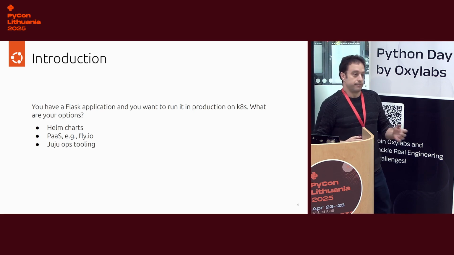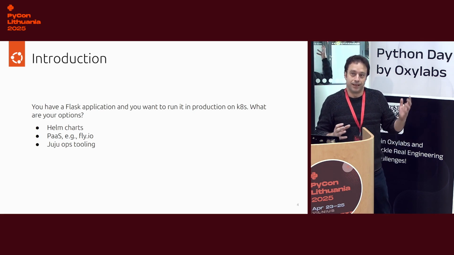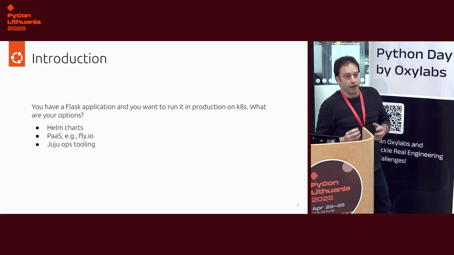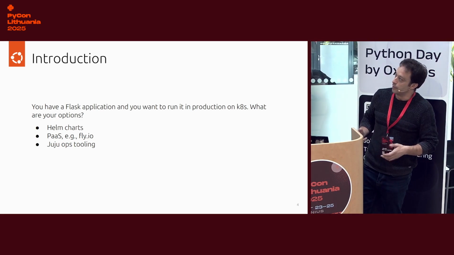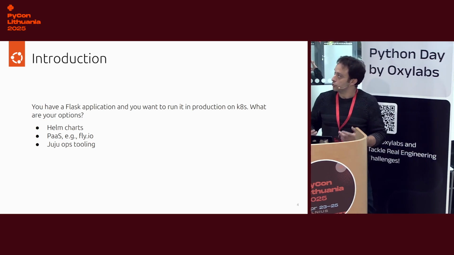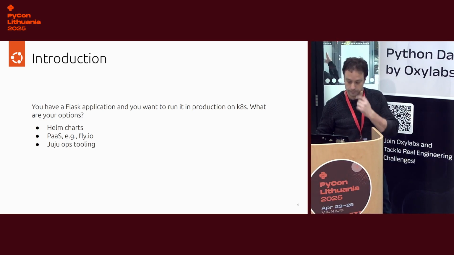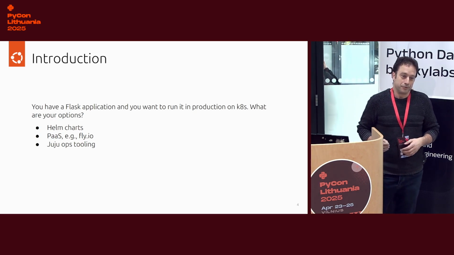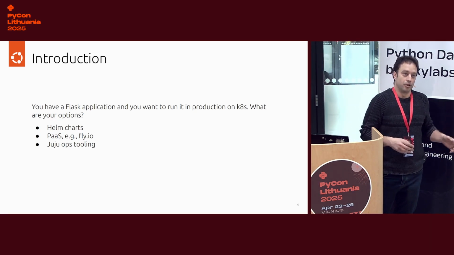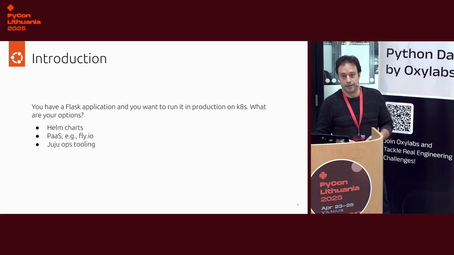You can use a platform as a service that will build a containerized system and deploy it in their infrastructure, or, the other option that I'm proposing, use Juju ops tooling. You can do it locally, in premises, locally I mean on your laptop, or you can do it in the cloud.